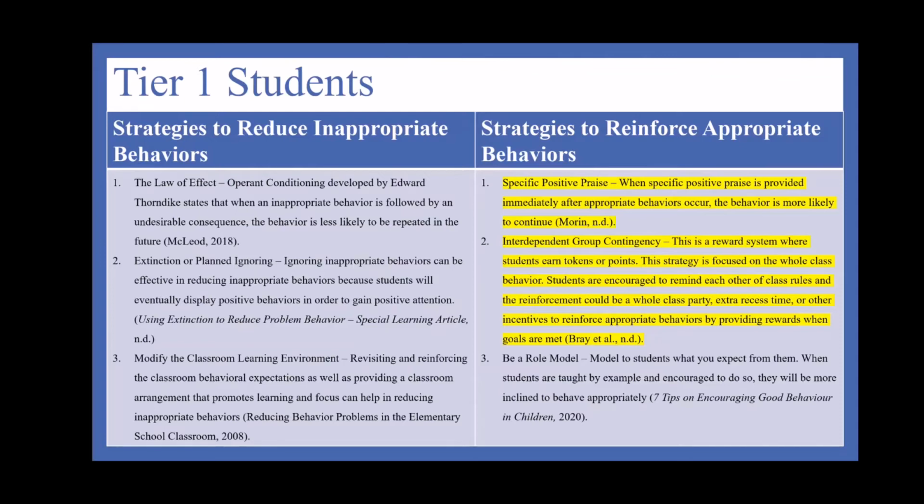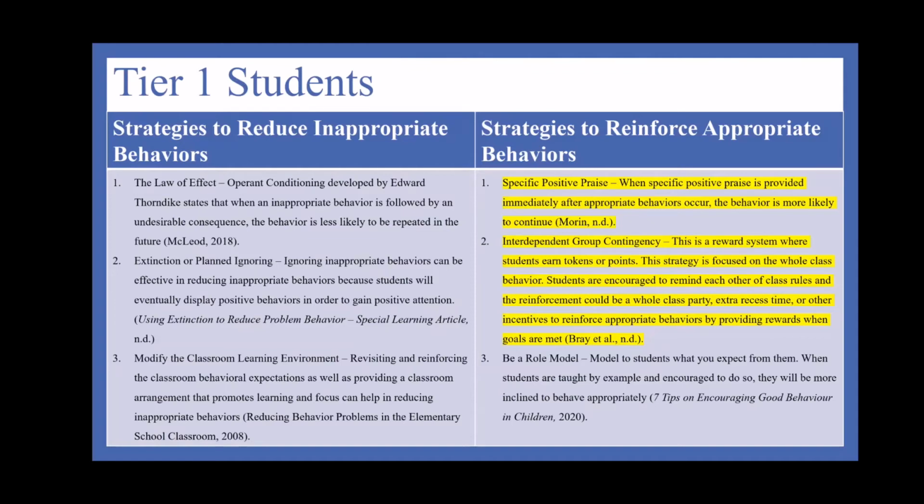We also use extinction or planned ignoring to only pay attention to the appropriate behaviors. Finally, we will modify the classroom learning environment to reinforce classroom rules and expectations and consider a classroom layout that reduces inappropriate behaviors.